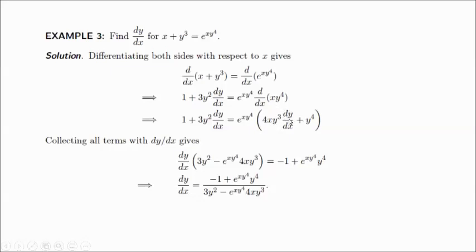So lagyan ng dy over dx. Plus y to the 4th, retain si y to the 4th, derivative ng x is 1. Then rearranging again class. So pagsamahin yung meron dy over dx, and then i-transpose yung walang dy over dx. So ibaba ito, this will be the final answer. Okay?